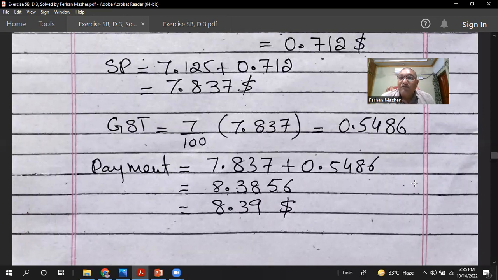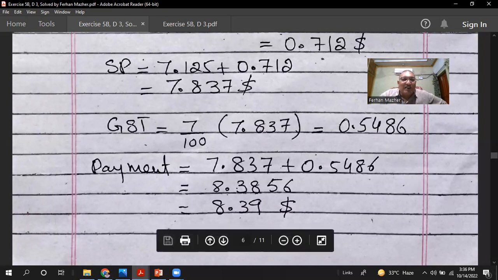So the payment you have to make after the service charges and the GST are added will be 7.837 plus 0.5486. That will be 8.3856, which is $8.39.